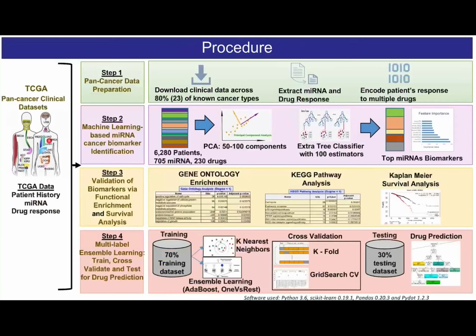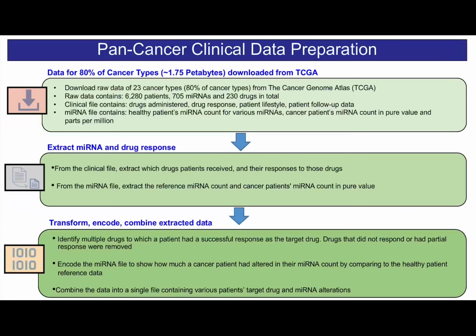And the final step was the machine learning pipeline itself, involving training, cross-validation, and testing to build an optimal predictive model. The result of these 4 steps is a tool that identifies cancer-driving microRNAs in a pan-cancer dataset and uses these to accurately predict targeted therapeutic combinations for cancer patients. I'll go into further detail on each of these steps, starting with data preparation.